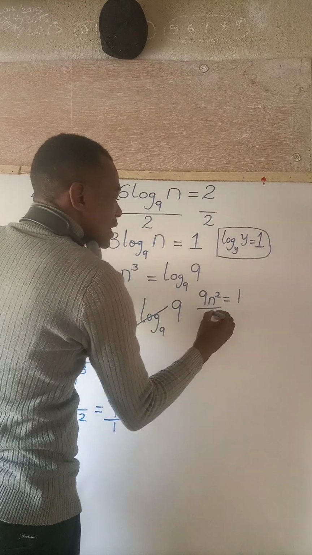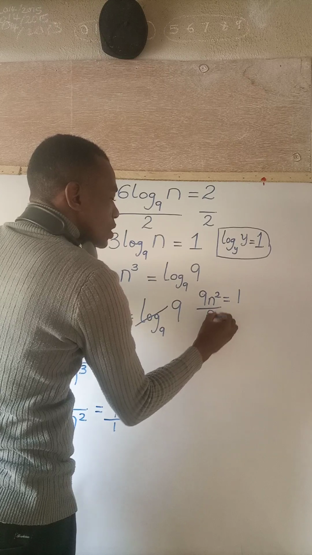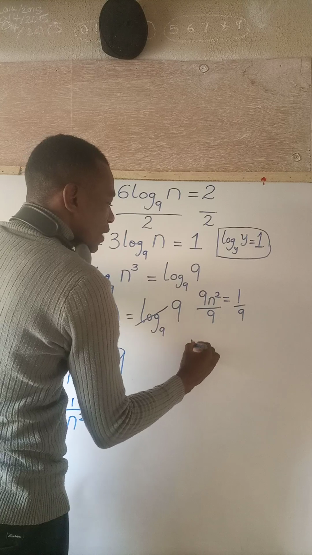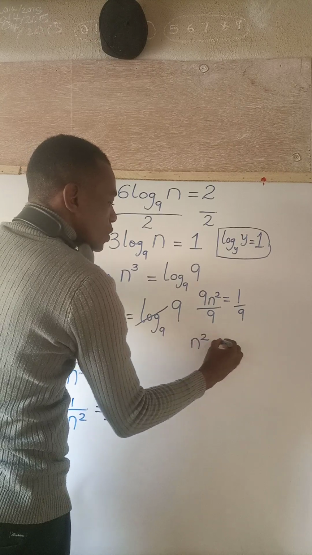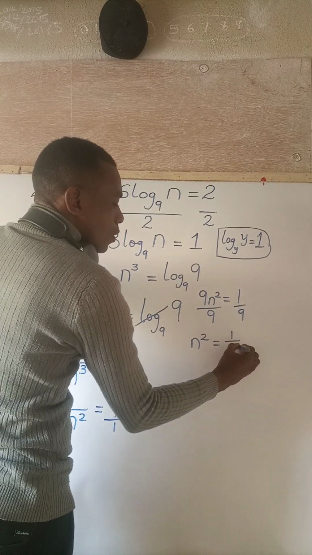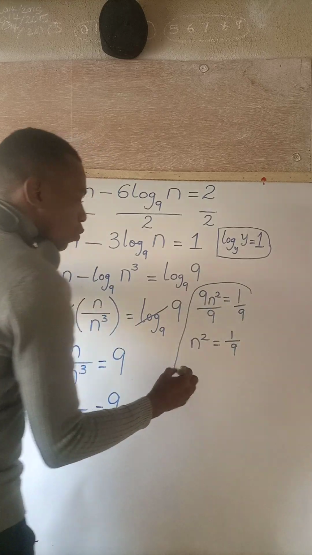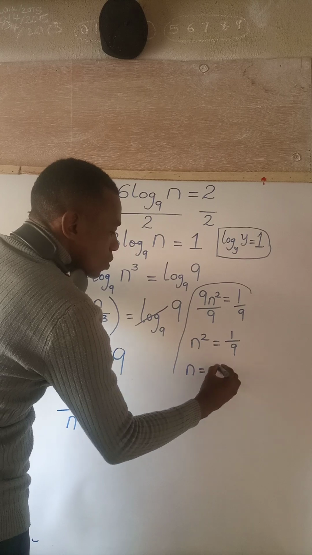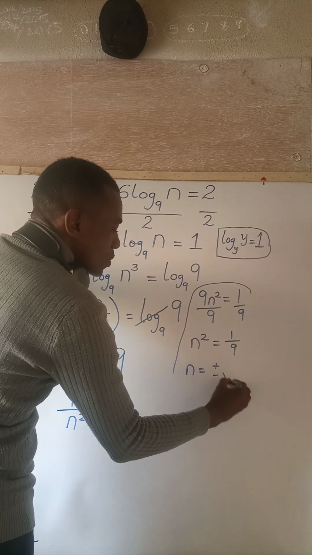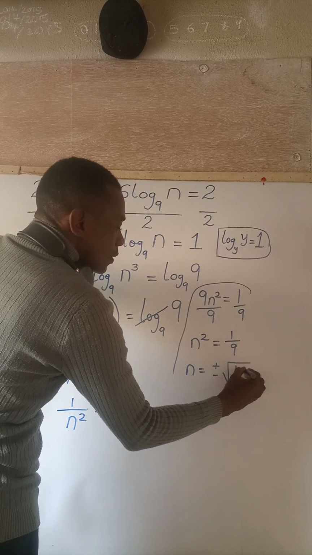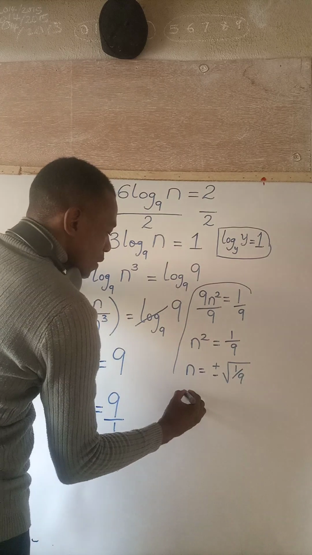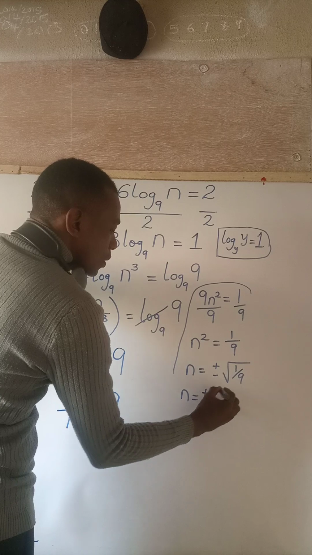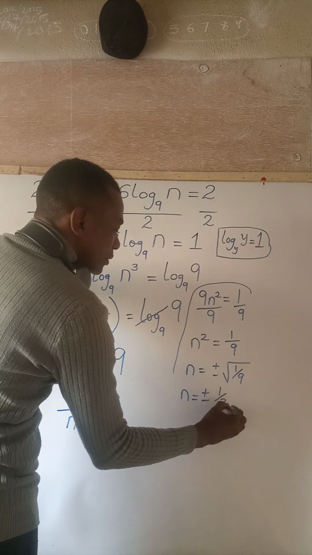If you divide both sides by the coefficient of n power 2, which is 9, we will now have n power 2 is equal to 1 over 9, which is n is equal to plus or minus the square root of 1 over 9, which is n is equal to plus or minus 1 over 3.